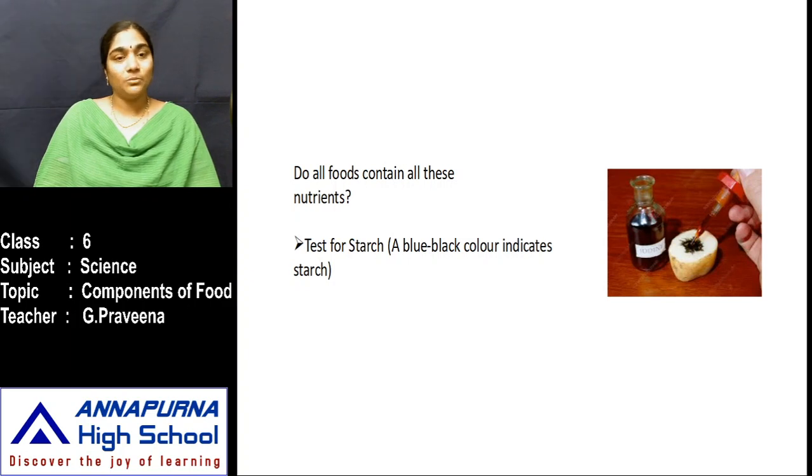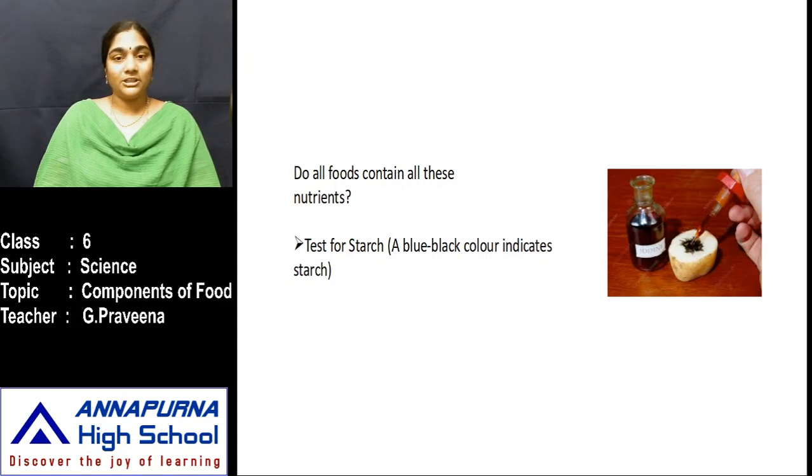If you can see a blue or black color, it indicates that the food substance you have taken consists of starch. If there is no color change, the food component doesn't consist of starch. So in the test for starch you have to use iodine.